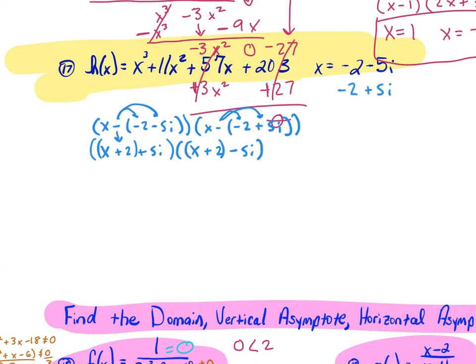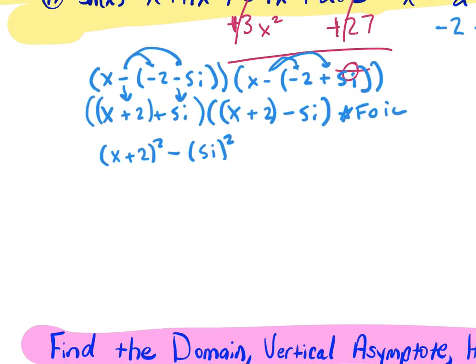So we're going to square our first and square our second. So we have (x plus 2) squared minus (5i) squared, which if we didn't know the shortcut for multiplying conjugates, we could always FOIL this out too, and we'd get the same thing.